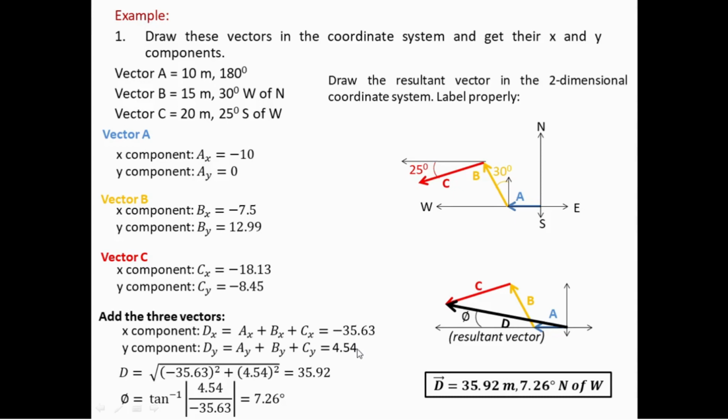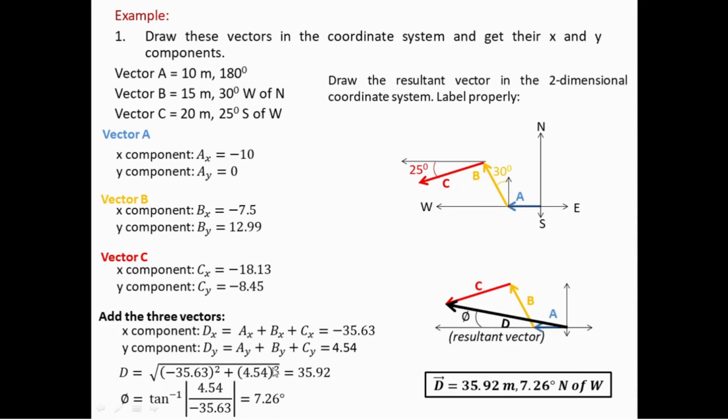Now let's get the magnitude of this resultant vector. So all we have to do is to use the Pythagorean theorem. So that is just the square root of the square of negative 35.63, you can notice here the exponent 2, plus the square also of the y component, which is 4.54.